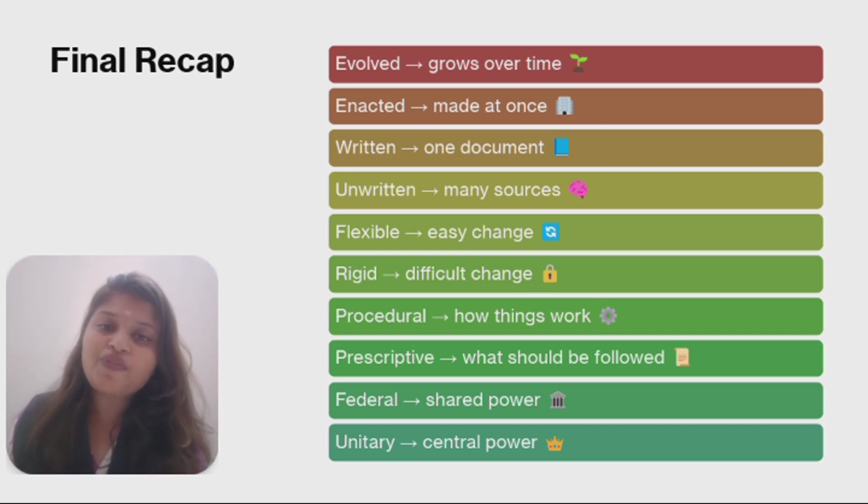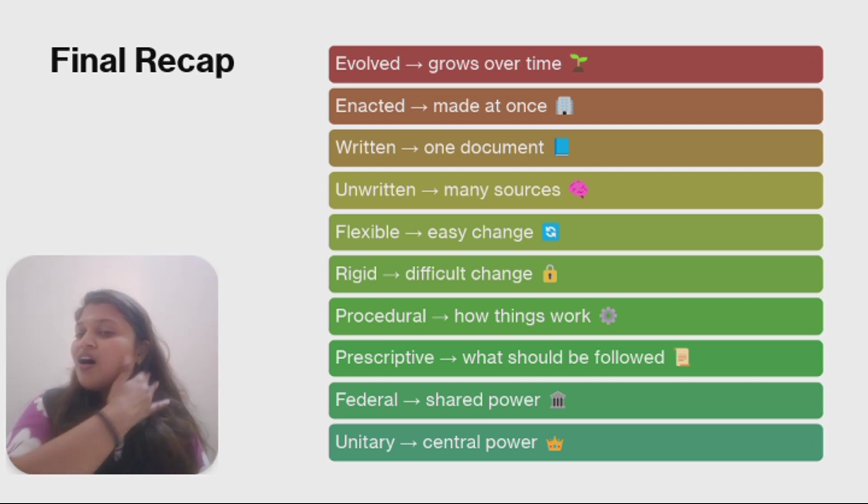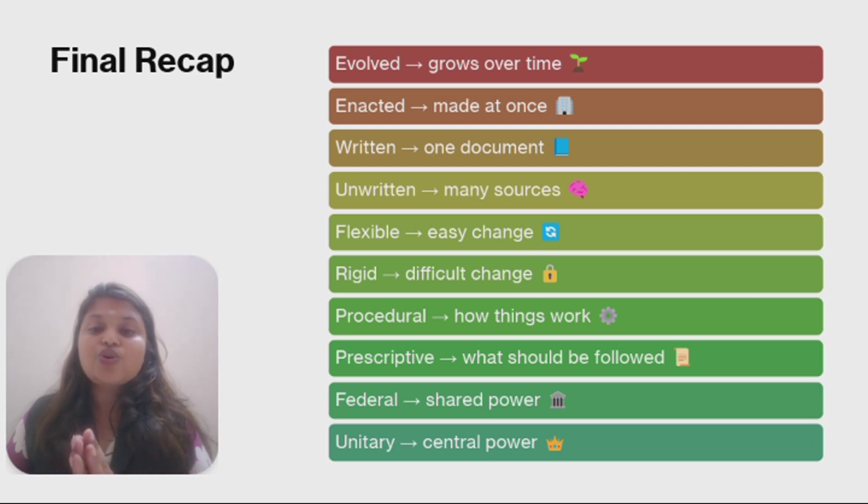And the third type of constitution is written constitution. Written constitution is that constitution whose principles are written and codified, that is, bound into a single document or a single book, and that is called written constitution. What is unwritten constitution? It does not mean that it is not written at all.